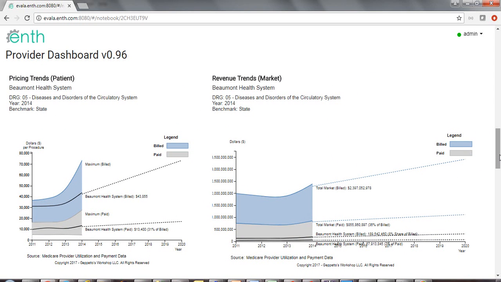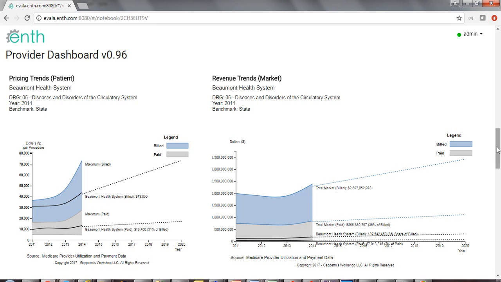These next charts really do provide the same basic information, but begin to look over time. So we can start to see trends over time. Also, another thing that we do at Enth is we have some interesting technology that allows us to begin to make projections. So the dashed lines on these charts are Enth making projections on the data that we've selected to look at here.